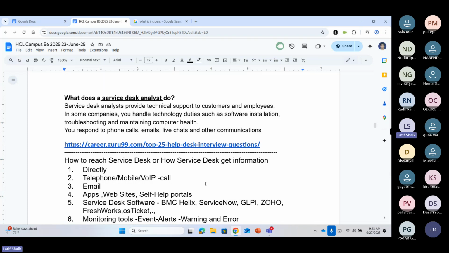And there are a few other questions that are very, very important. So what is the service desk? What are the types of service desk, support levels, or what does a service desk analyst do? I took this from those questions. Also, how you handle frustrated customers, how you handle friendly customers, what is the difference between service desk and help desk, and what tools are used in a service desk.